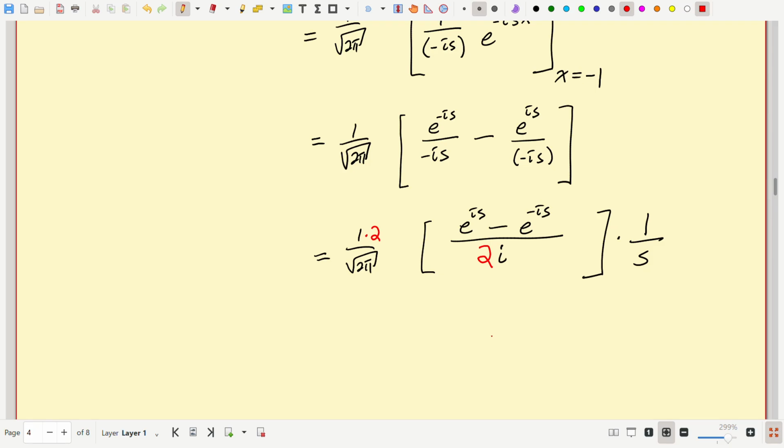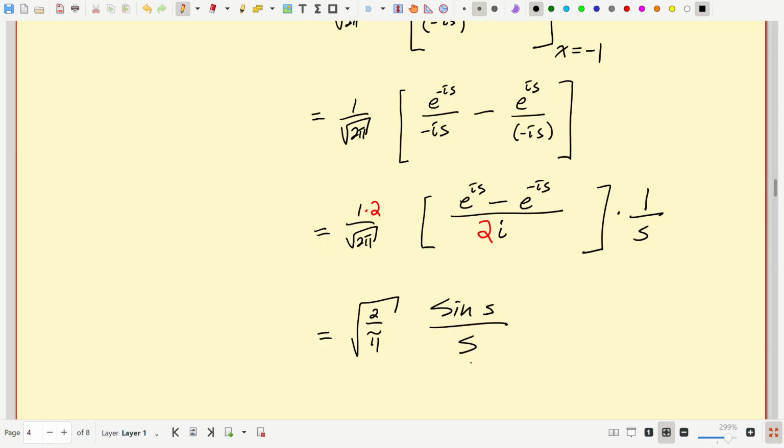And so this thing looked like it was going to be a weird, annoying, complex thing. It turns out to be the square root of 2 over pi, sine s over s. Something completely clean and nice.